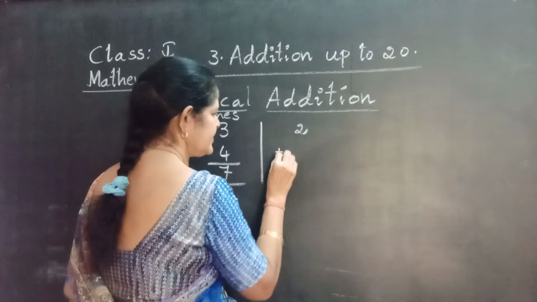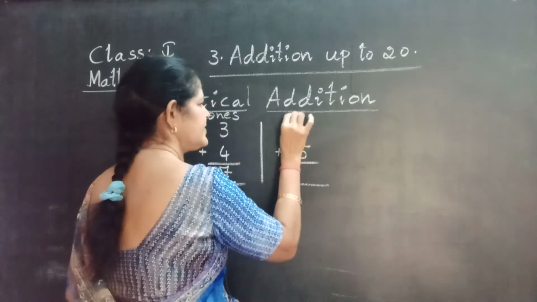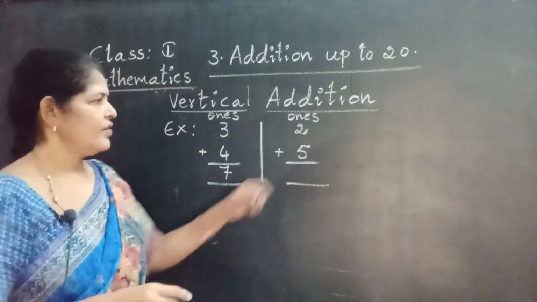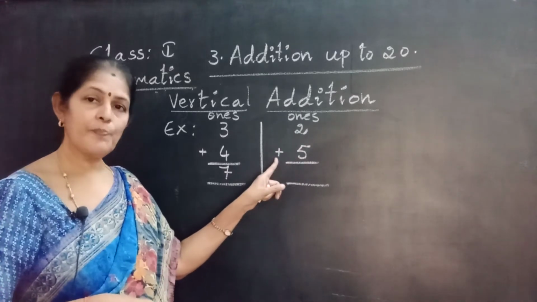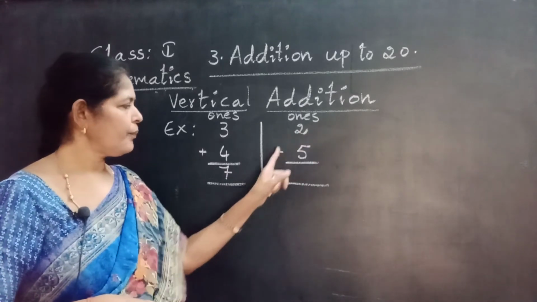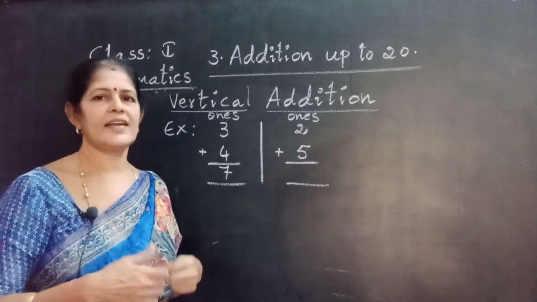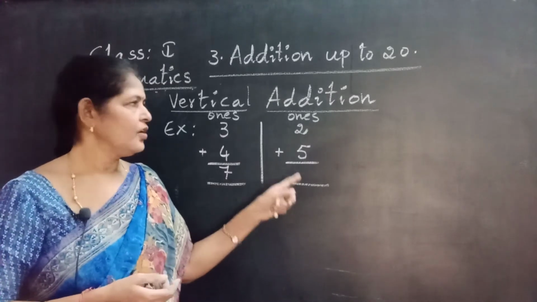2 plus 5. What are the numbers given? One-digit numbers. That's why we are adding ones. The first number is 2. The second number is 5. The symbol is plus. 2 plus 5. We are putting them together. That is called addition. Here we find out the total.